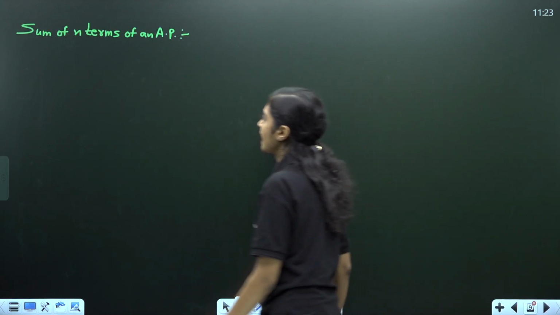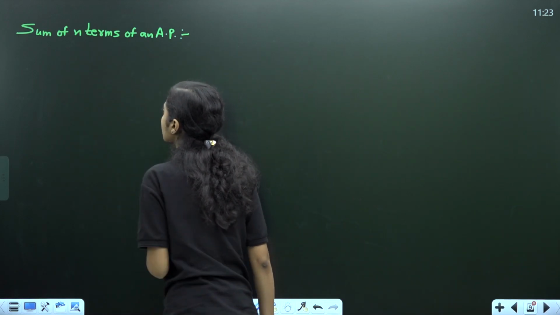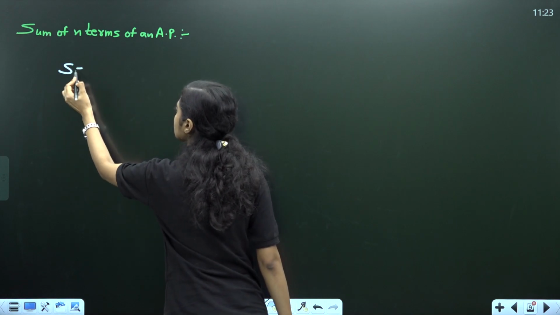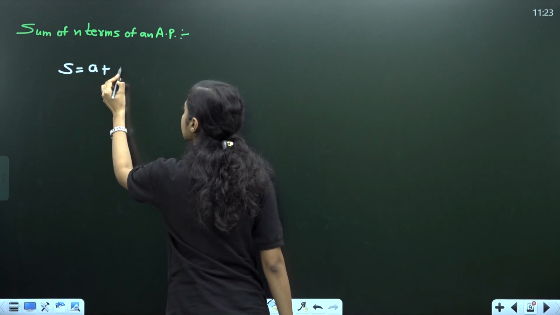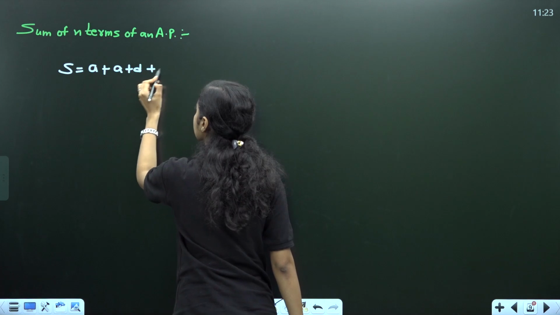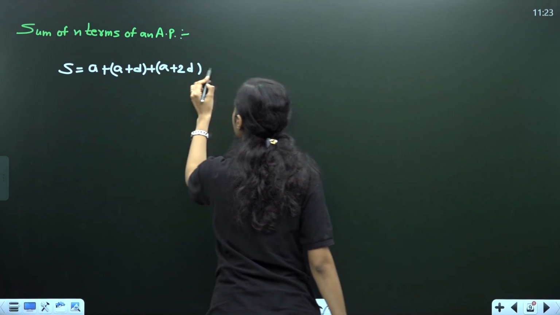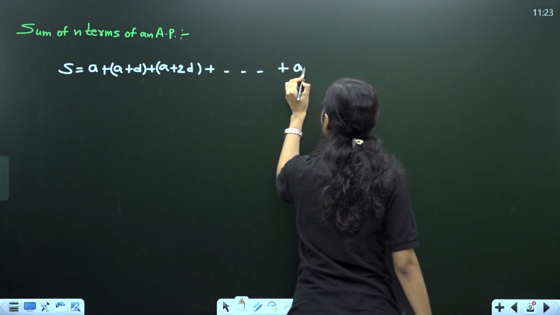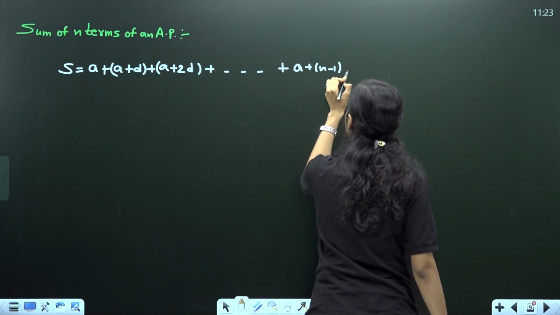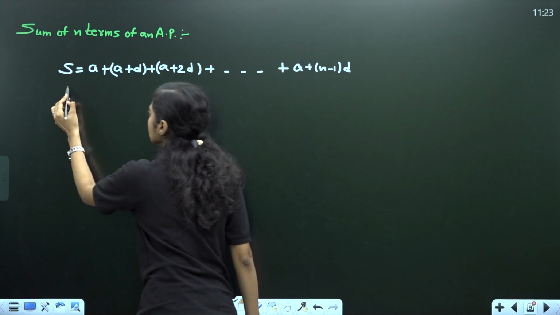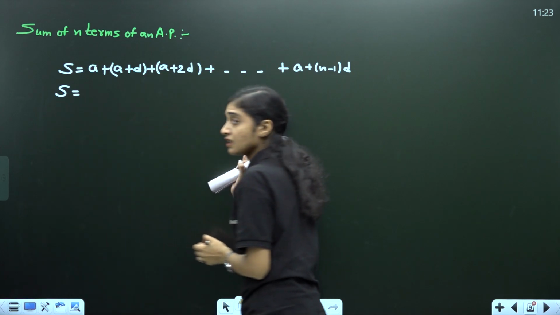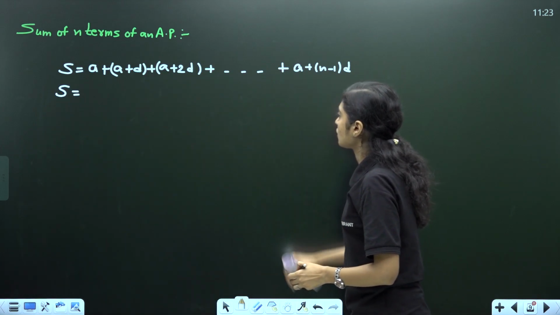Now the sum of n terms of an AP. Since we know that the terms of an AP are written as a, a plus d, a plus 2d, up to a plus n minus 1 d, we write all the terms in reverse order also.